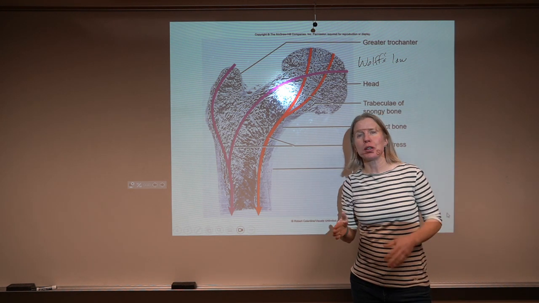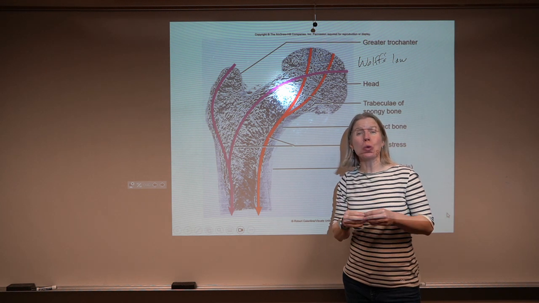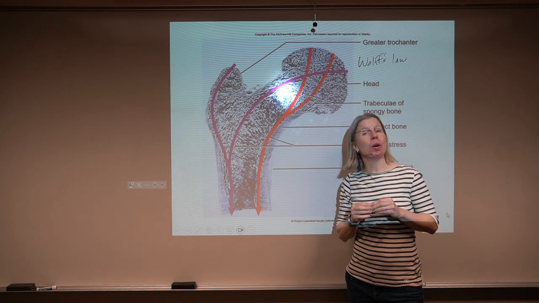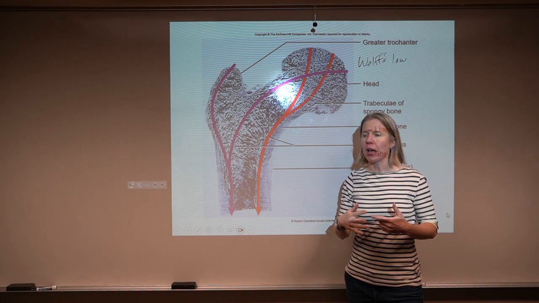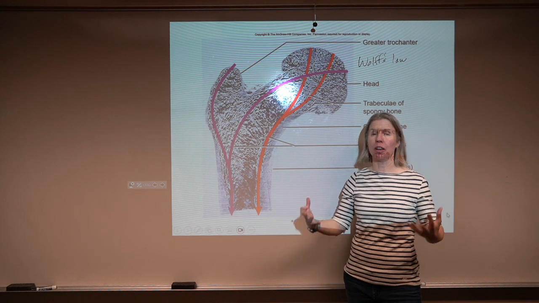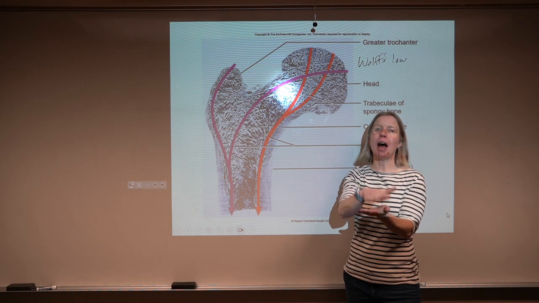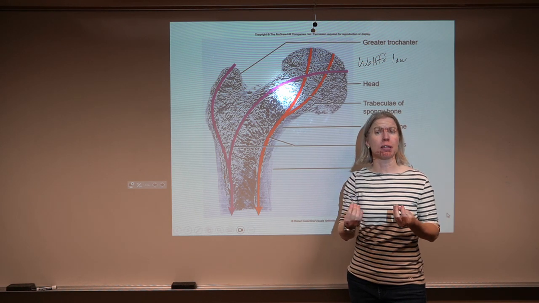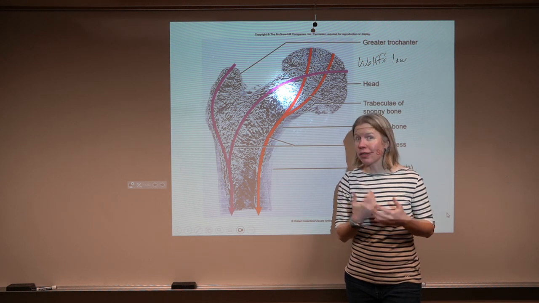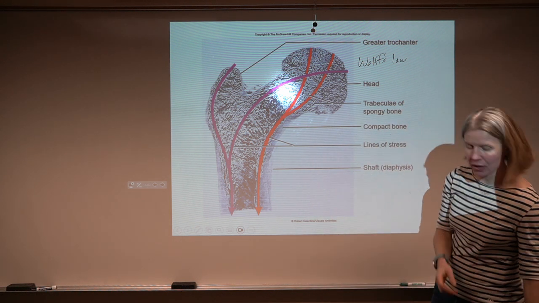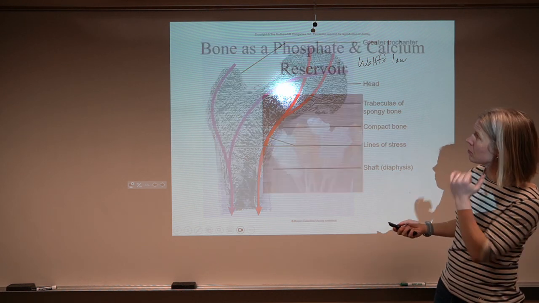But it also tells us that we need to use our bones if we don't want to lose our bones, right? And so having exercise, even if it's walking, every step, that impact is actually sending signals through the bone saying, hey, this is getting used, we should make this stronger. So keep that in mind as well.